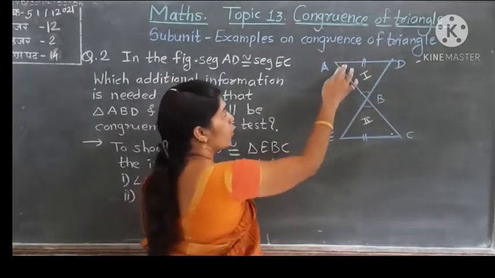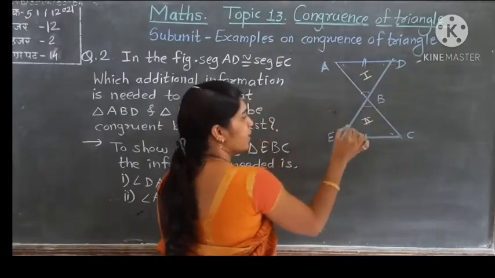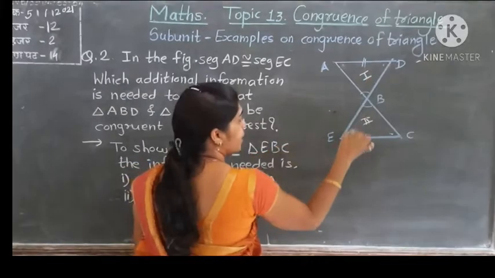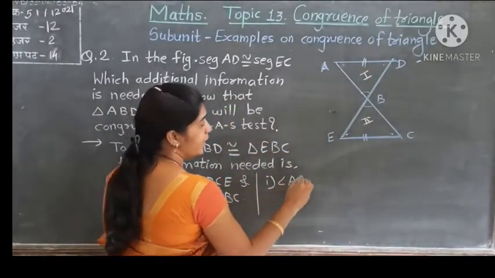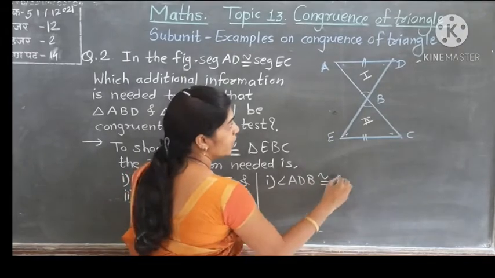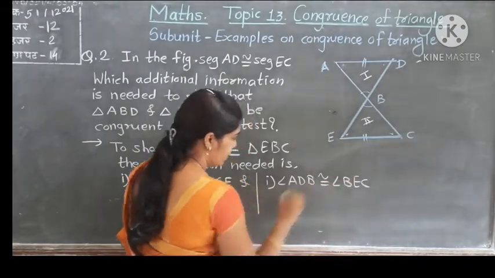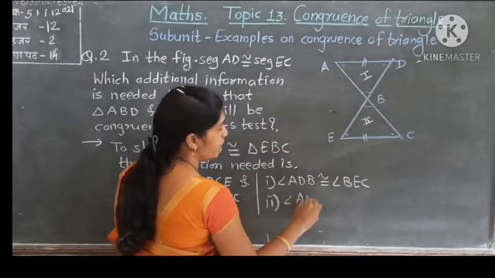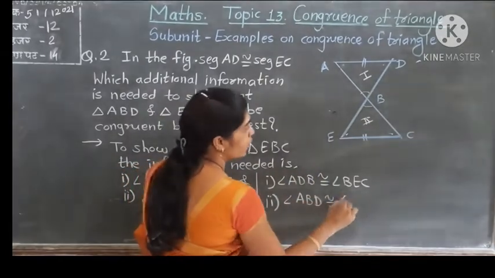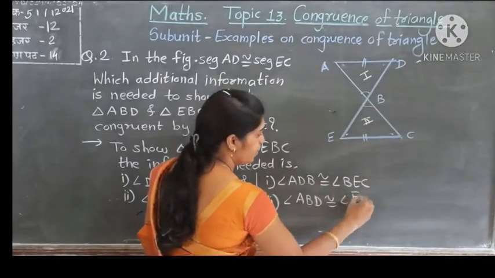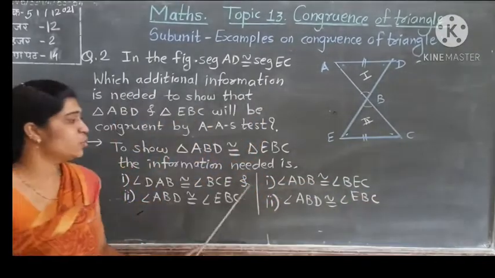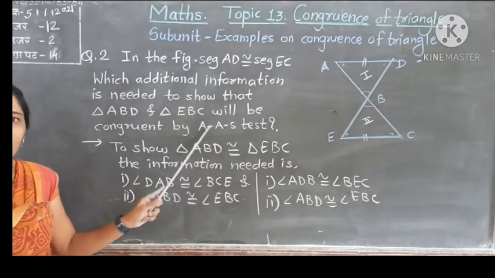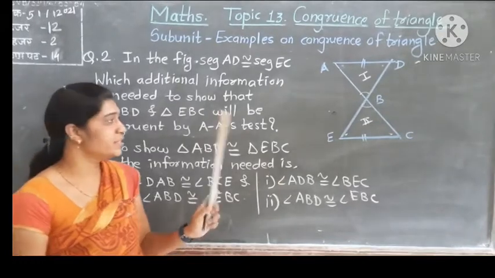Or you can take angle D and E: angle ADB congruent to angle BEC, and the second angle B, that is ABD, congruent to angle EBC. These two conditions are additionally needed to show these two triangles congruent by AAS test.